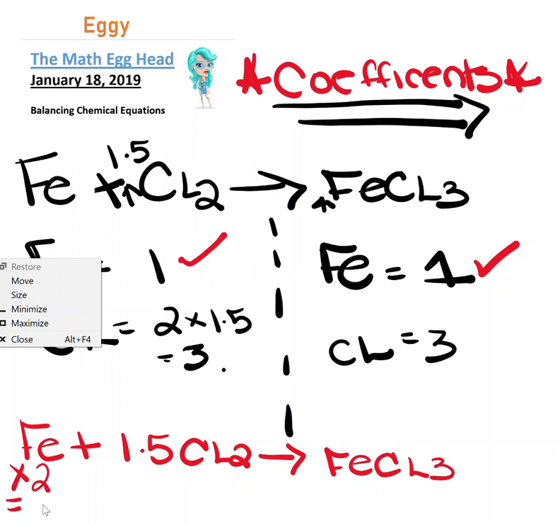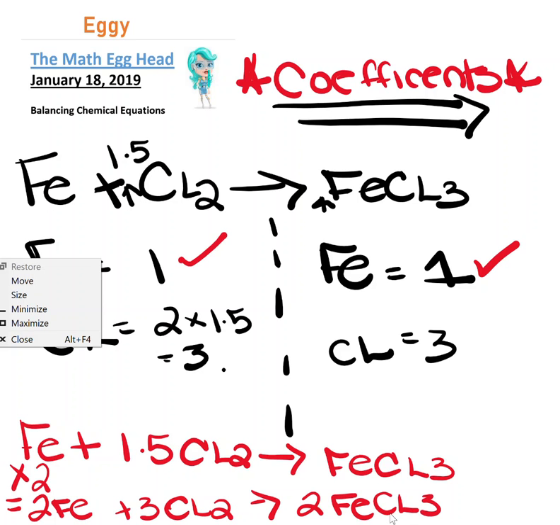So the correct equation would be 2 iron plus 3 chlorine, and the coefficient here would change. So then we would get 2 irons, 6 chlorine, 2 irons, right?